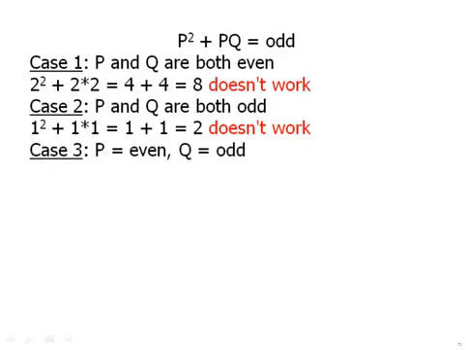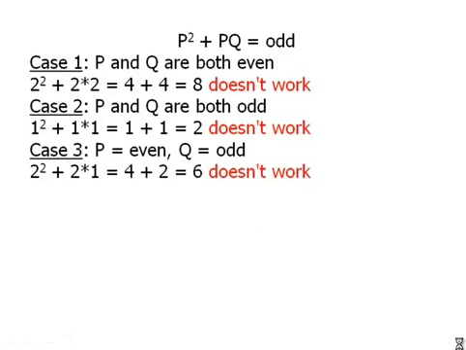Case 3. p is even and q is odd. So now we're going to plug in p equals 2 and q equals 1. And here we're going to have 4 plus 2 is 6. That doesn't work. That's even. So then the final case, we're wondering now, is it possible for this to be odd? We'll try p is odd and q is even.